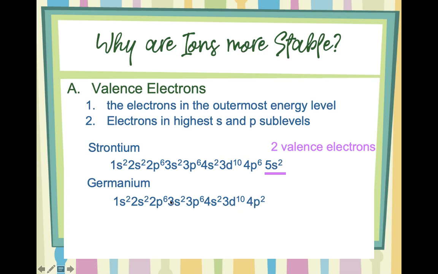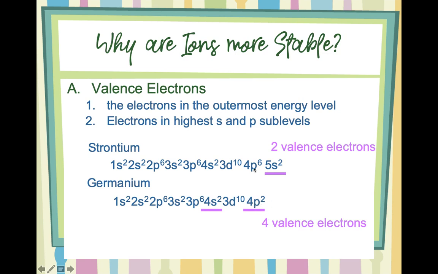So 10, 18, 19, 20, 32. Element number 32. So again, if we want to figure out the valence electrons, we look for the electrons in the highest S and P. So there's a 4p. Well, if I made it to 4p, there had to have been a 4s. Oh, yep, here it is. So you count together the 4s2 and the 4p2. Those are your valence electrons.